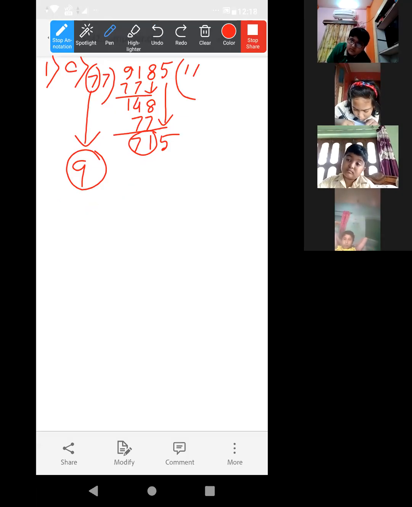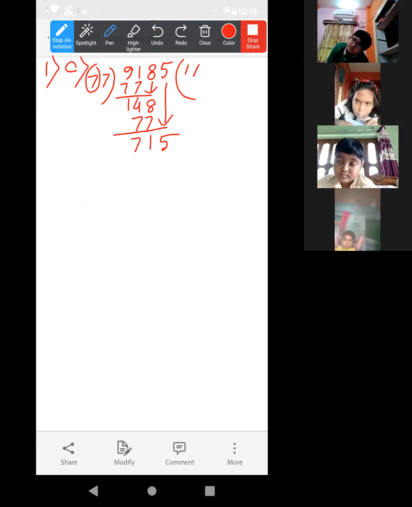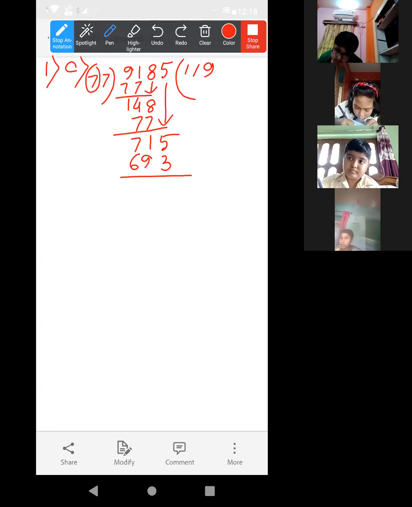So take 9. 7 9s are 63, carry 6. 7 9s are 63 plus this 6, 69. Now do the subtraction. It will be 2, it will also be 2. 22 is the remainder.